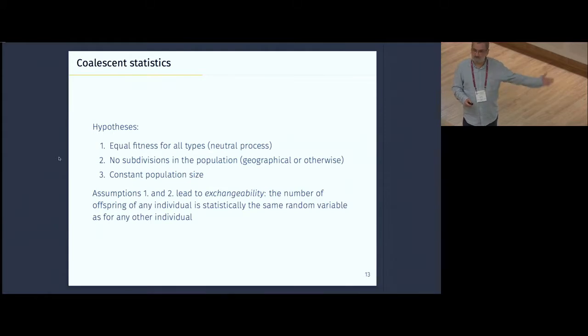Every individual can be exchanged with any other individual. There is nothing special about it, except that we can label it by a Chinese letter, and then we can see what is the frequency of Chinese letters around.